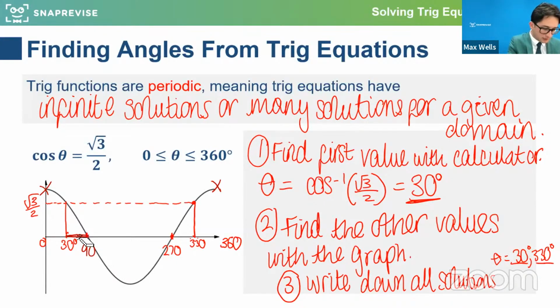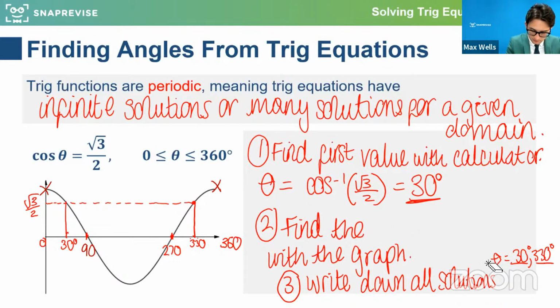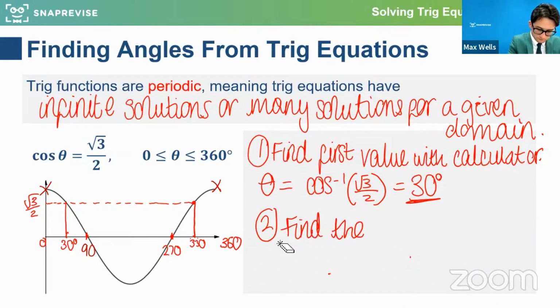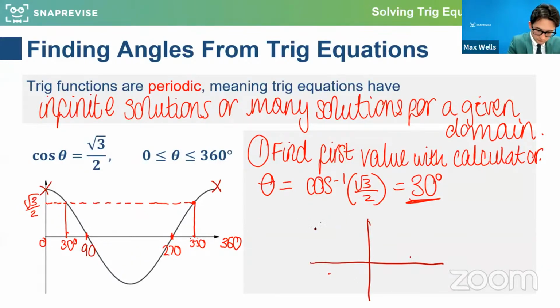Now, if you were to use the CAST diagram, which I'm just going to do, I want to give myself a bit of space here to do that. So the other way is if you use the CAST diagram, which tells us where the different functions are positive, we work from 0 in a clockwise fashion, going forward with the angles round to 360.